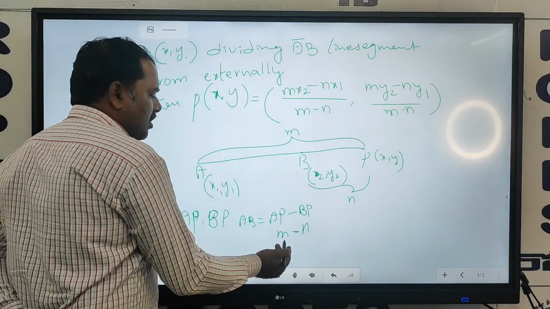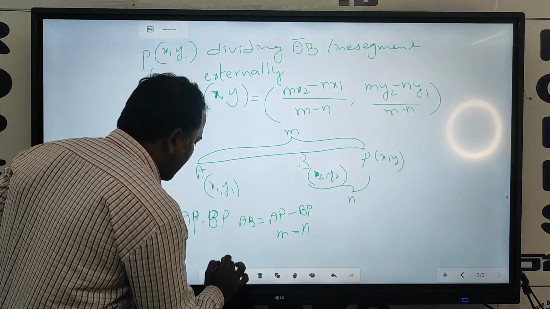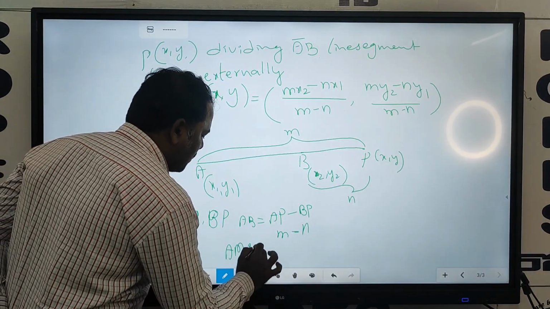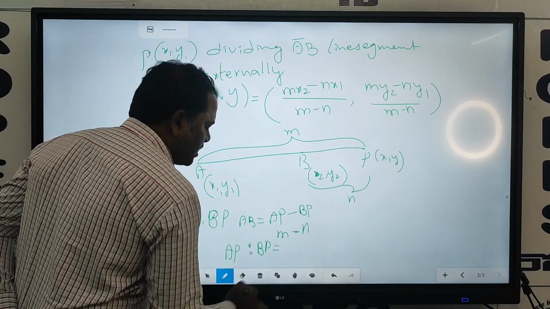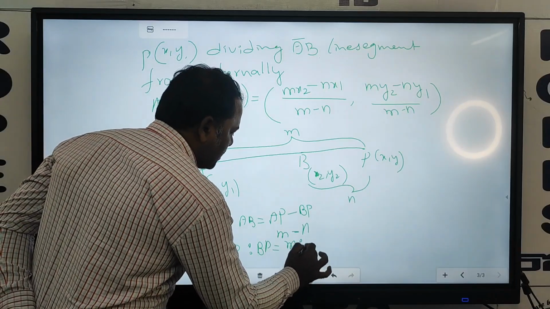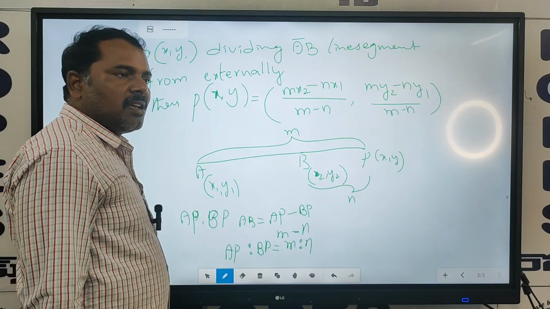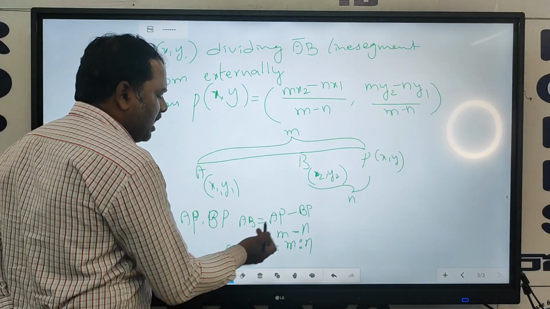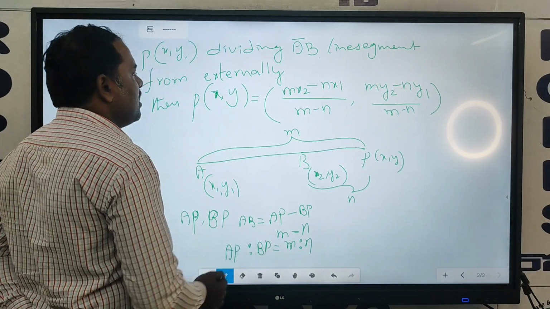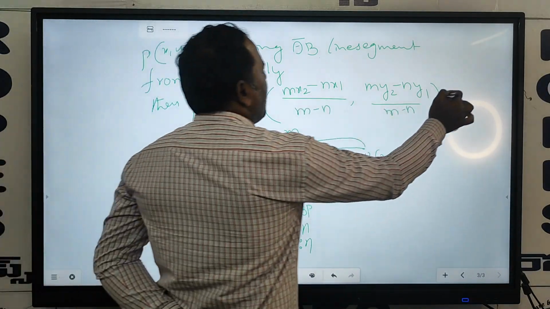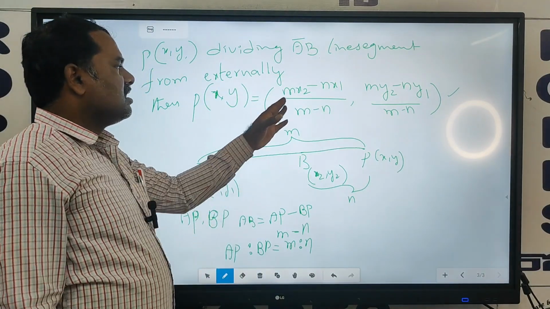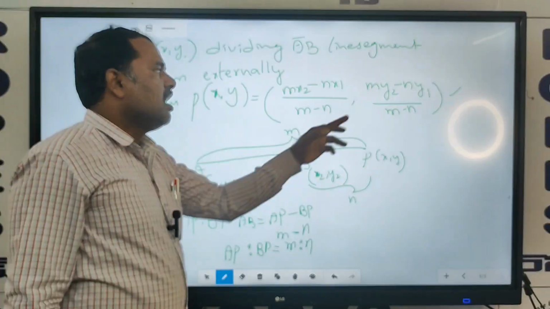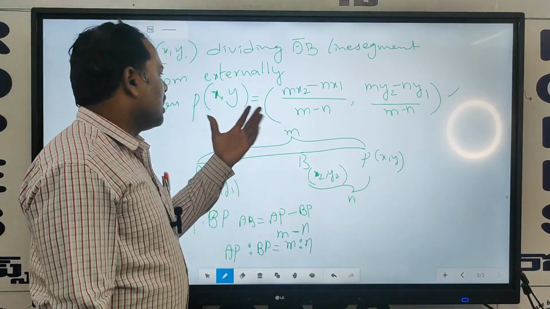Based on this, AP is to BP is equal to M is to N. From this, if we want AB, then we have to do minus. So based on this, the formula to find P when P is dividing externally is (mx2 minus nx1) by (m minus n), (my2 minus ny1) by (m minus n). Okay, so this is the finding.